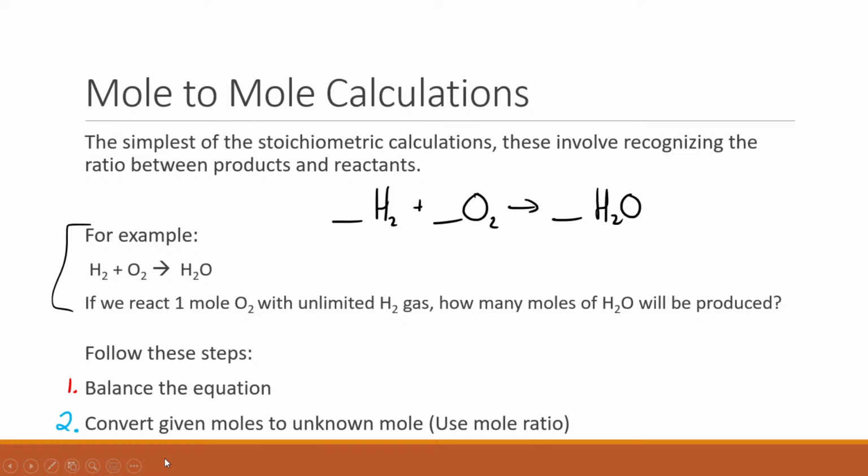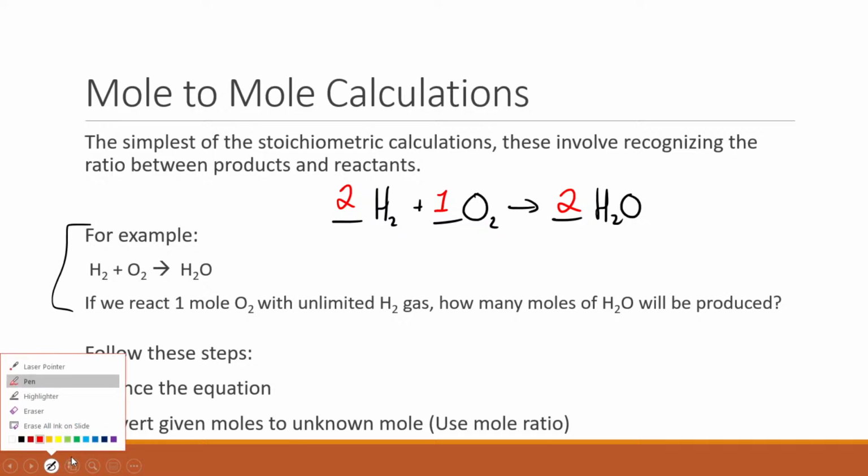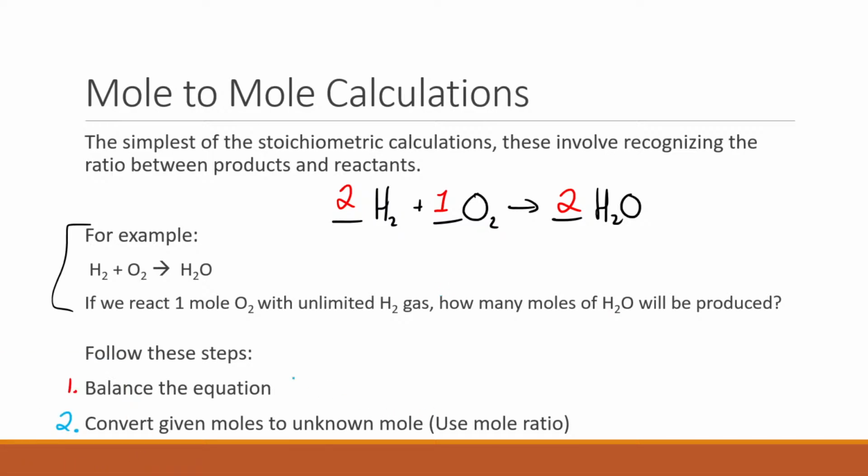This is the same equation we just saw in our example slide, so we know it gets balanced with a 2, a 1, and a 2. That is our balanced equation. Now the second step asks us to look at our question and use a mole ratio to answer it.